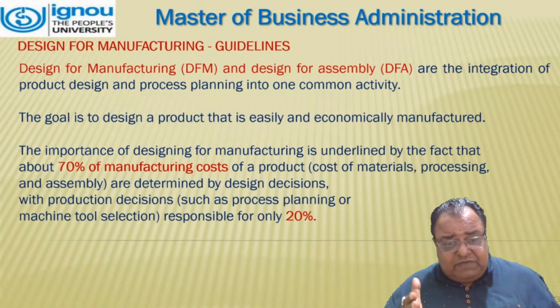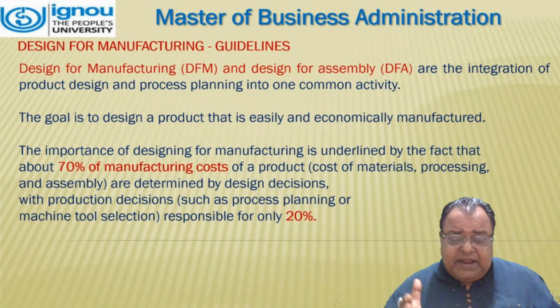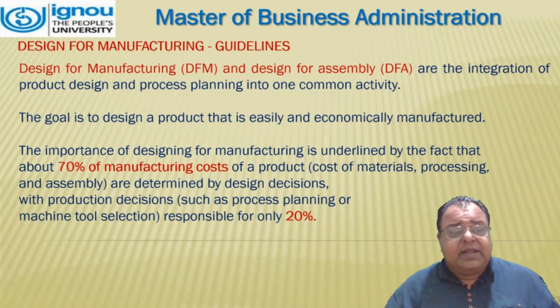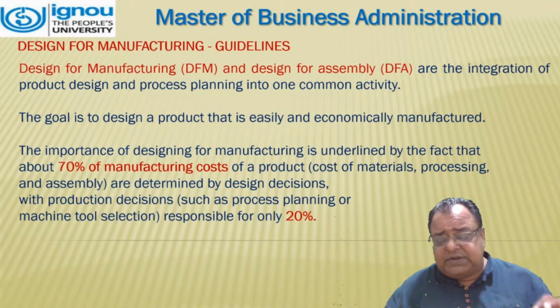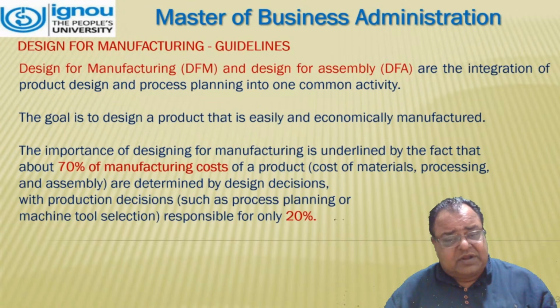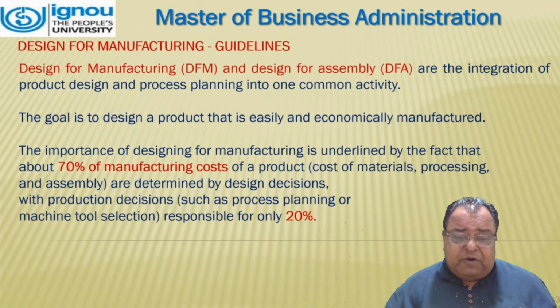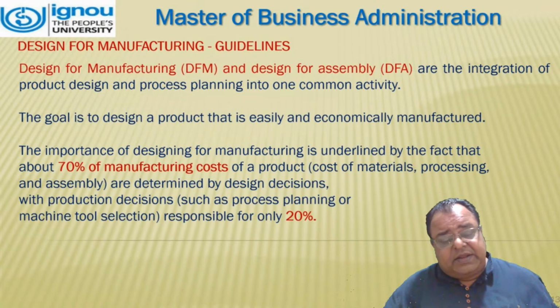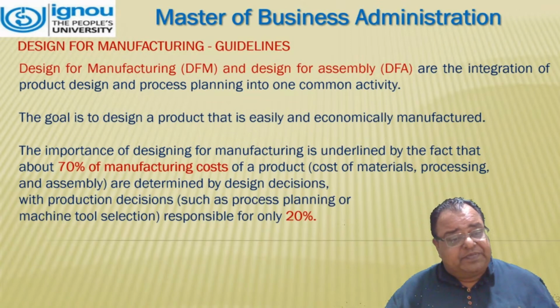The importance of designing for manufacturing is underlined by the fact that about 70% of the manufacturing costs of a product are determined by design decisions, with production decisions responsible for only 20%.